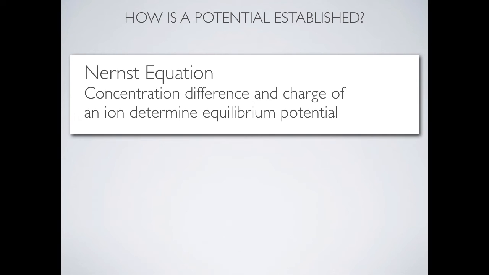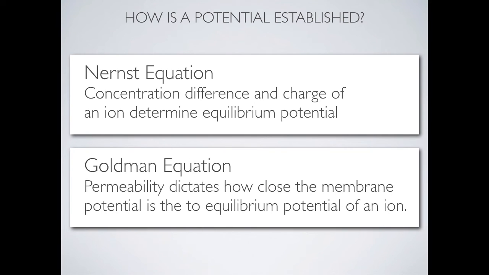Equilibrium potential is how one ion is influencing the membrane. The membrane potential is how all ions and charged particles are affecting the membrane. So Nernst is only for one, whereas Goldman considers all. It's a model for how all ions are affecting the membrane. And what we have to incorporate into that, in addition to considering three ions, is permeability. The permeability dictates how close the membrane potential is to the equilibrium potential of a particular ion.